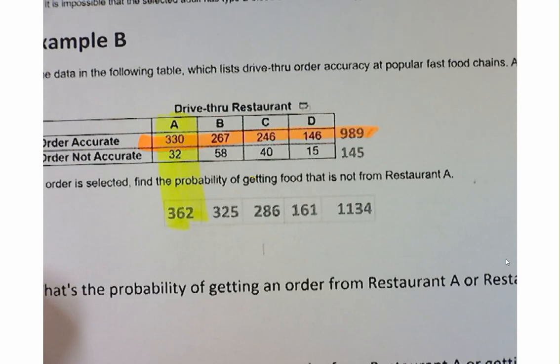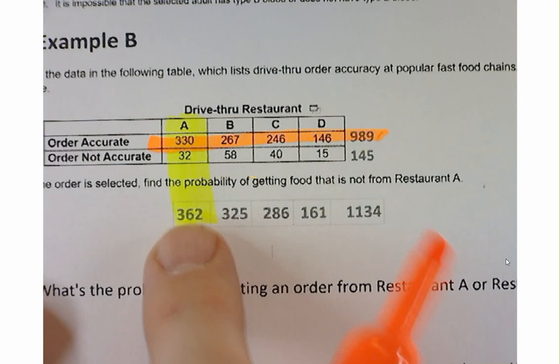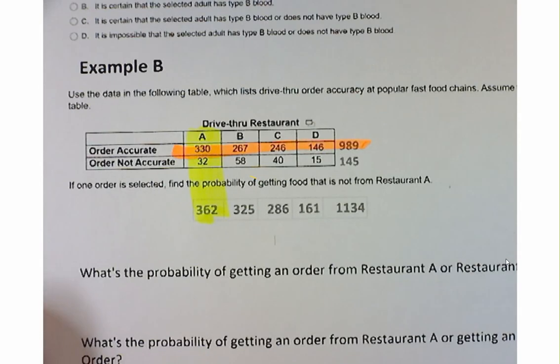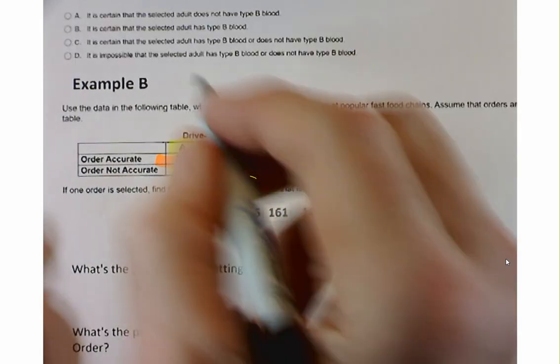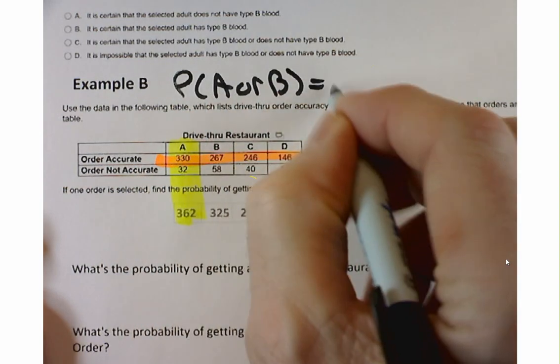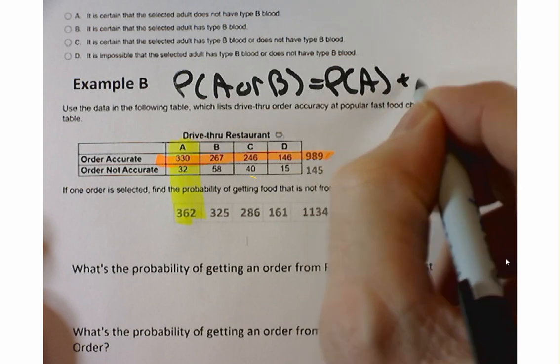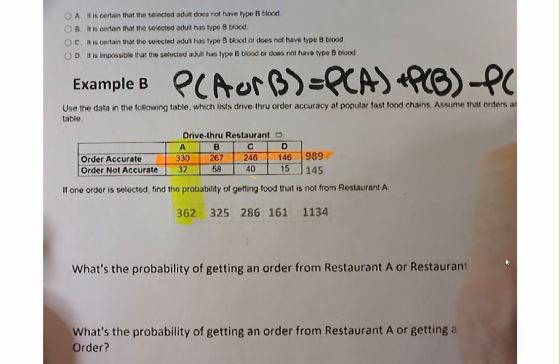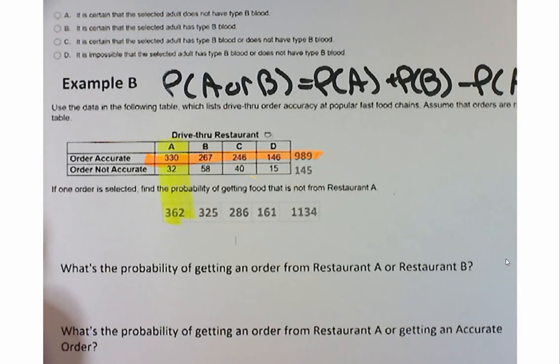Can you see what happened when we added those two probabilities? Yeah, we did some double counting. So what you're going to need is what's called the general probability rule. The probability of A or B is the probability of A plus the probability of B minus the probability of A and B. So you've got to subtract that double counting.